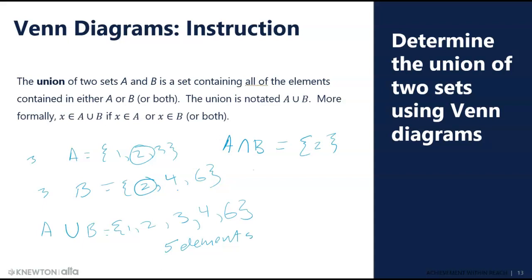So the size of A union B, or the cardinal number of A union B, either way it means the same thing, is the size of A plus the size of B minus the size of the intersection. If you asked about the size of the union of two sets, it's not just adding the elements together. You have to know something about how many are in the intersection.